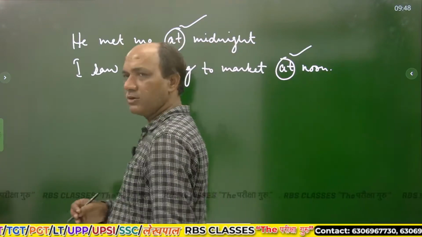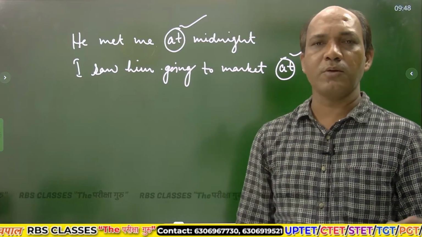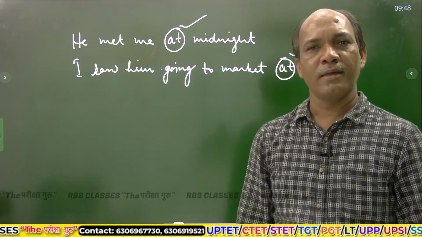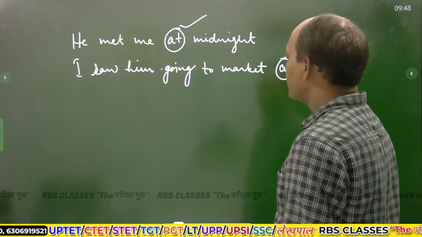Noon is a particular point of time, exactly 12 o'clock, 12 p.m. Okay?